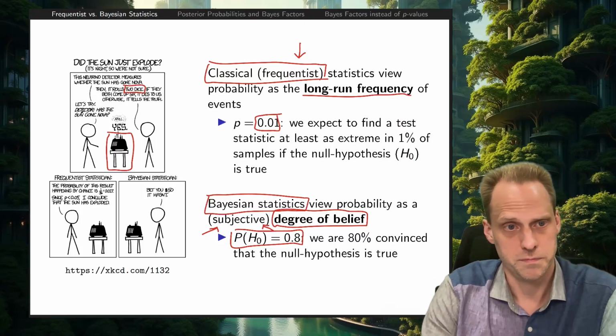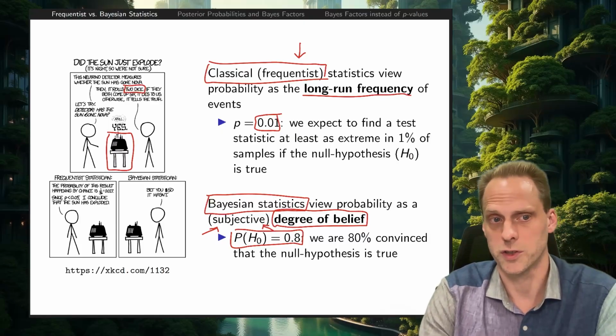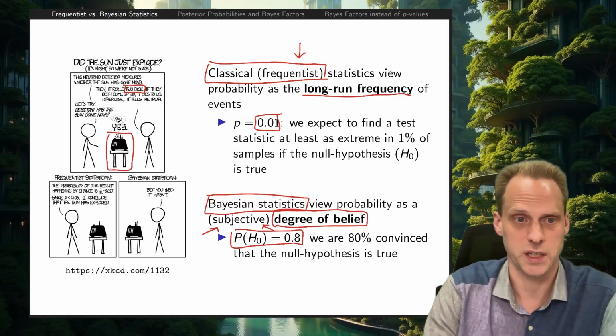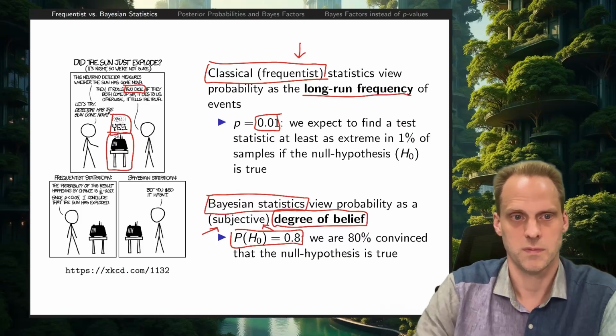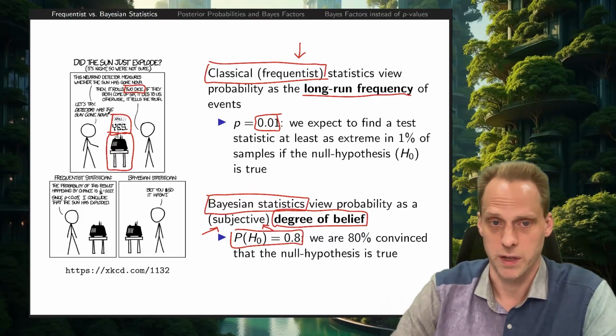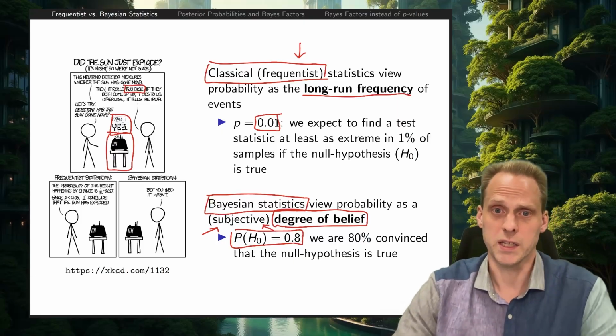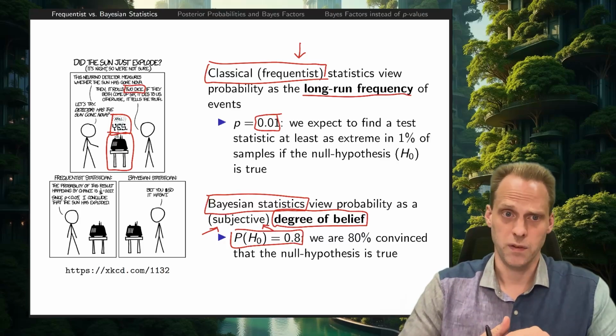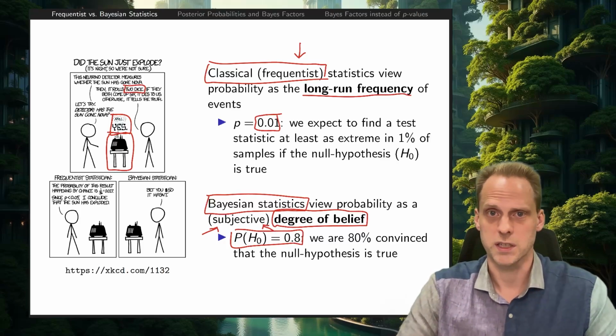So what happens here? We ask, okay, has the sun gone supernova? Did the sun explode? And the machine says, yes, it exploded. This is an event that would happen less than 5% of the time if the null hypothesis is true, if the sun actually did not explode.